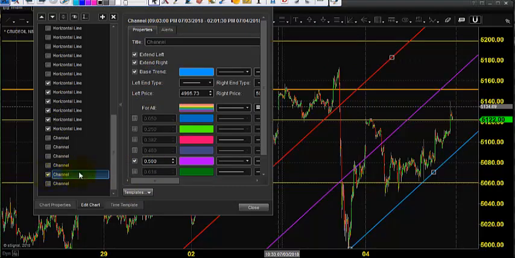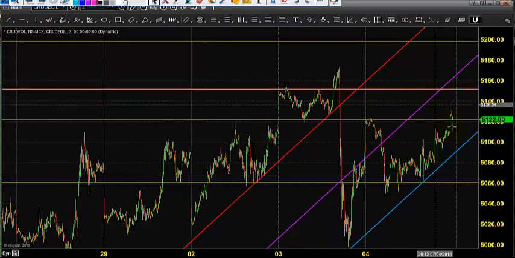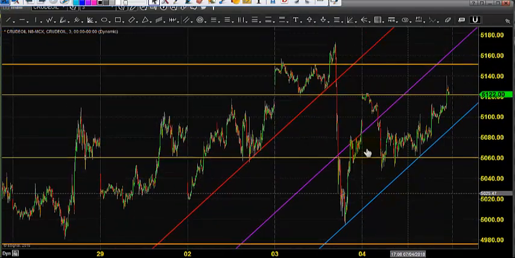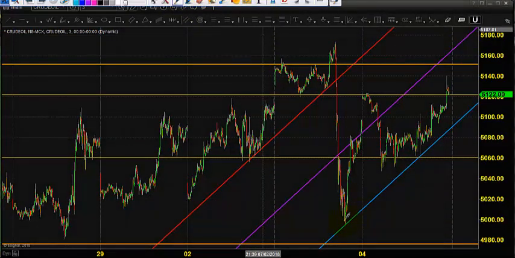The second trend channel is an uptrend channel. We connected the two lows created in yesterday's and the day before yesterday's trading sessions and matched with the midline, and you could see we matched with the support line here that had happened the day before yesterday and on the 2nd of this month.